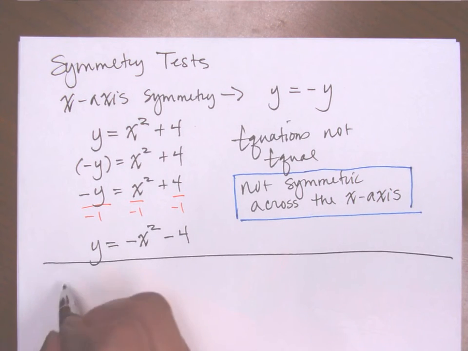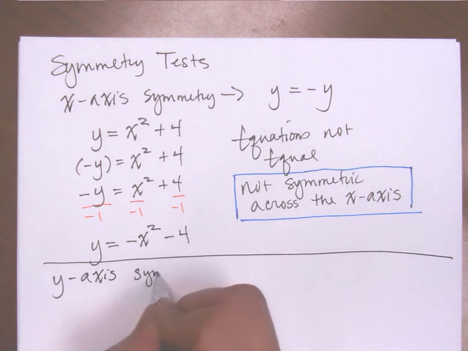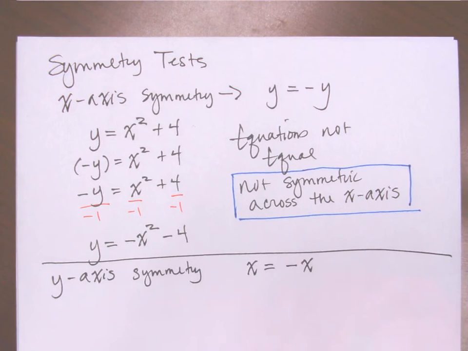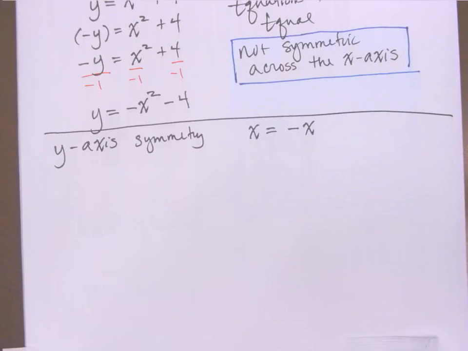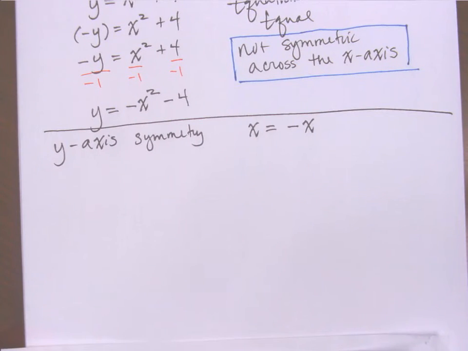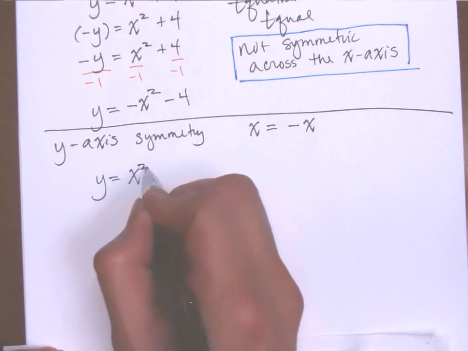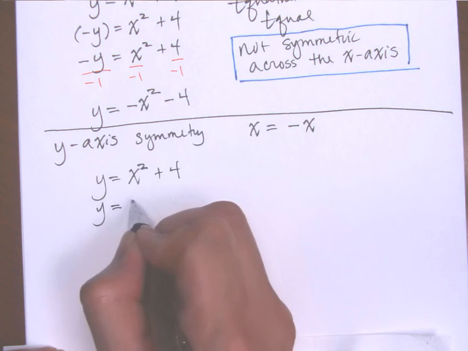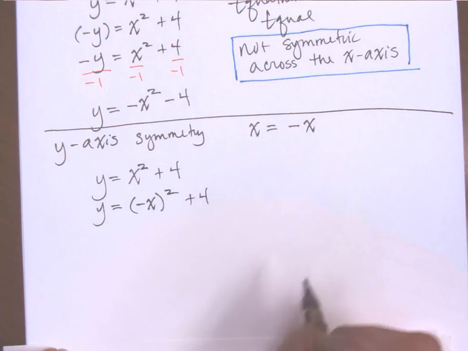Now I can test for my y-axis symmetry. That is, I'm going to take x and plug in negative x. So my original equation was y equals x squared plus 4. Plugging in negative x, I get negative x squared plus 4.